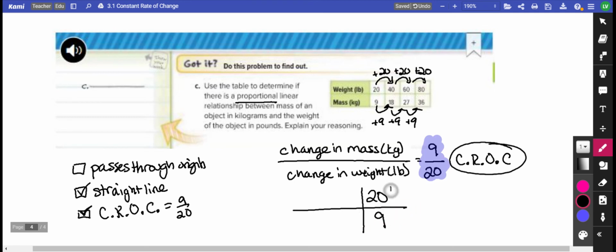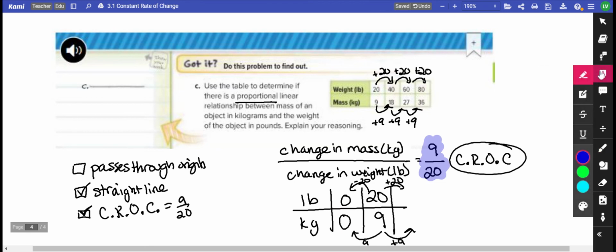Well, if I have 20 and 9, and I'm making my ordered pairs, I'm making an extra table, I have pounds and I have kilograms. Well, if each time I go to the right, I am increasing by 9 kilograms and I'm increasing by 20 pounds. Well, if I go in the opposite direction and I decrease by 20 pounds, that gives me a 0. If I decrease by 9 kilograms, that gives me a 0.